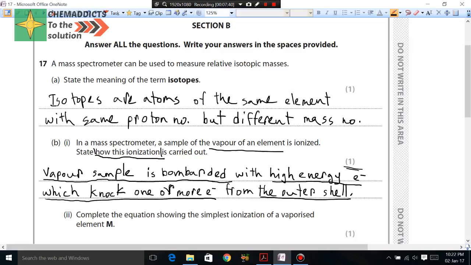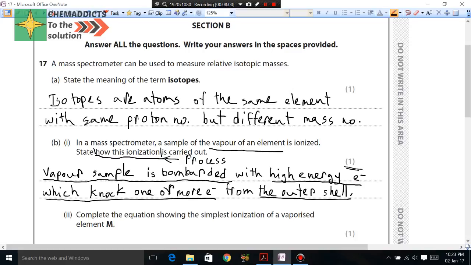Why? Because they have asked about the process. Since they have asked about the process, we just need to specify the process.